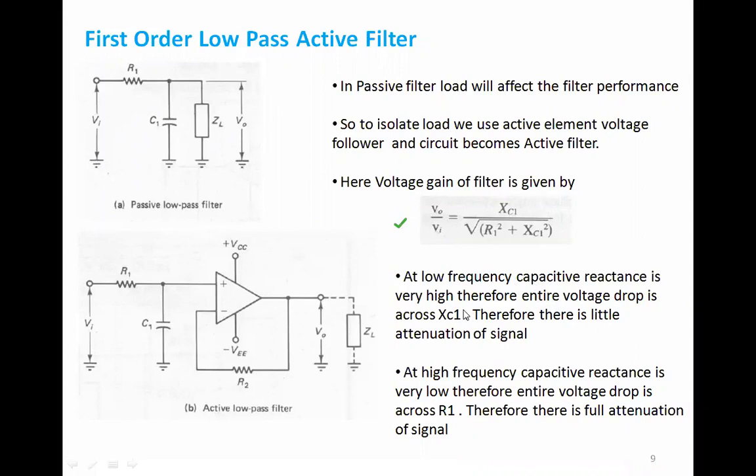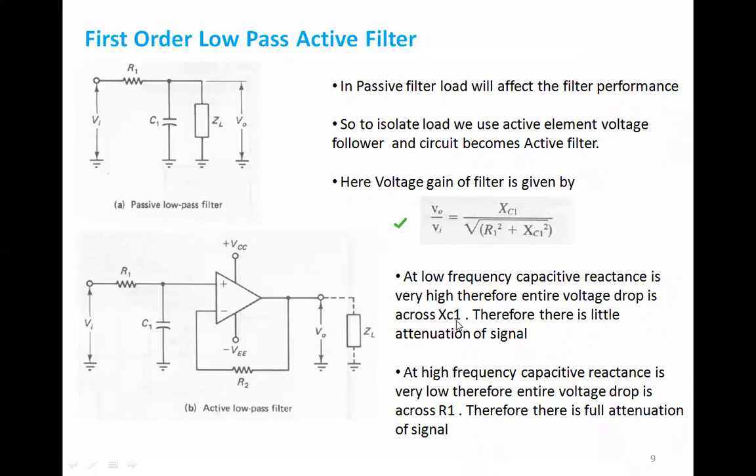Now, at low frequency, the capacitive reactance is very high. We know this point, right? At lower frequency, the capacitive reactance is high, and therefore the entire voltage drop is across XC1.